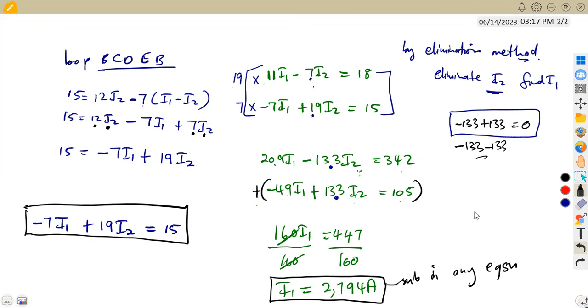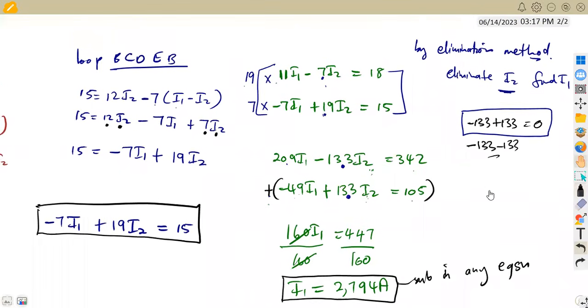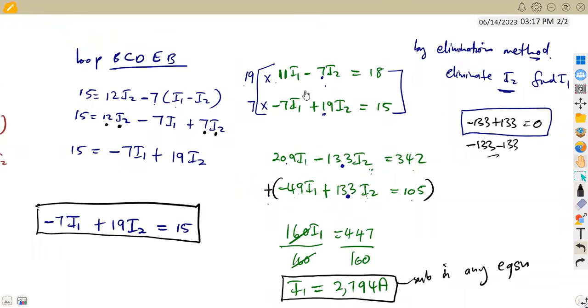In this case, I'm going to substitute into equation 1, which is this one on top. This is my equation 1 and this is my equation 2. You just substitute into any of these equations.